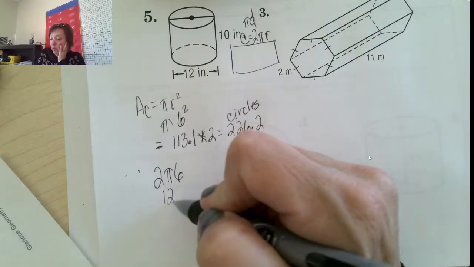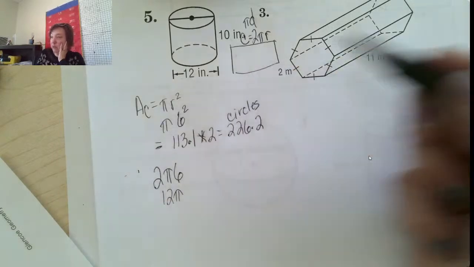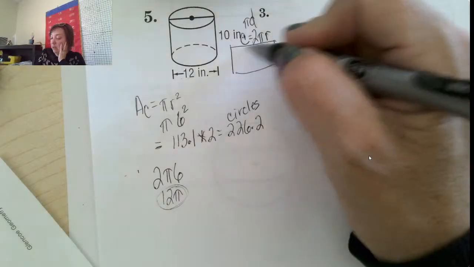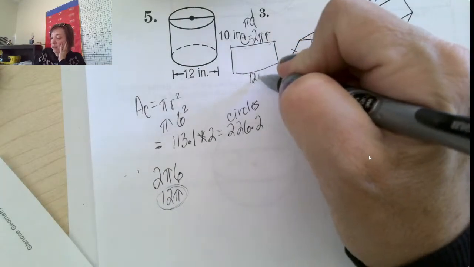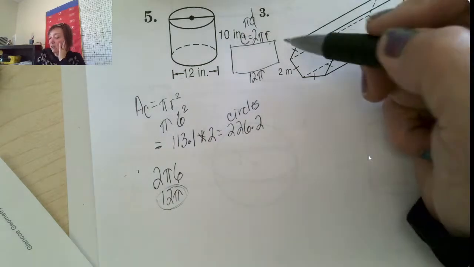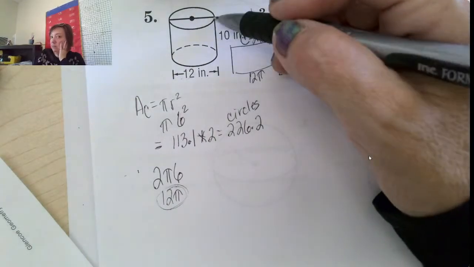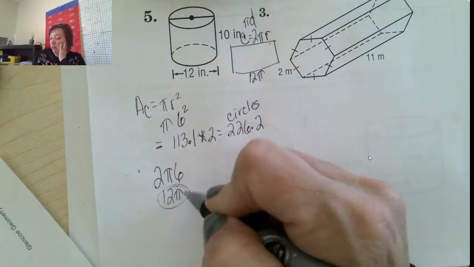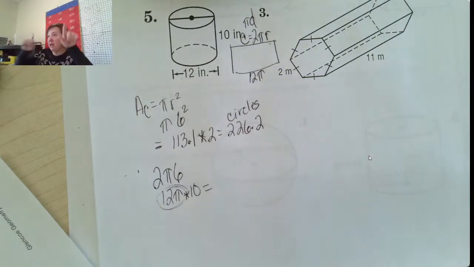Or we could just say 12 pi because our diameter is 12, right? So the length of this rectangle is 12 pi. And we're going to leave it as 12 pi for just a second. Okay? How tall is this rectangle? 10. So we're going to multiply 12 pi times 10 to get the area of the rectangle.